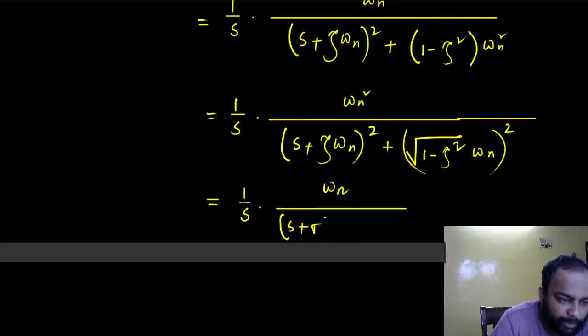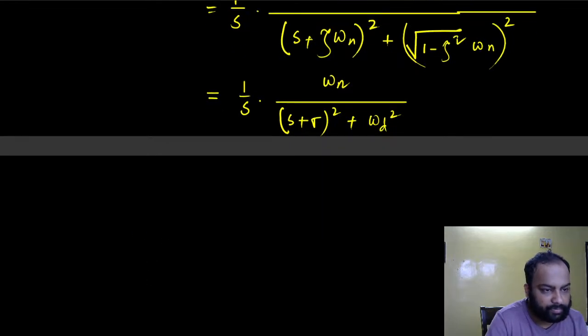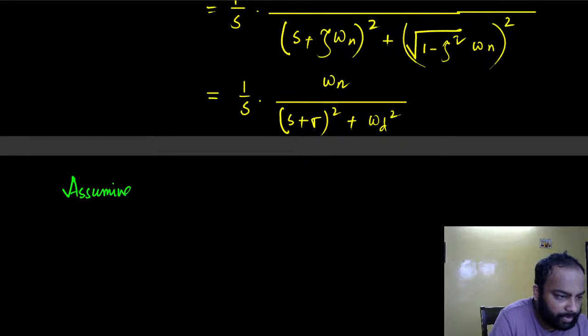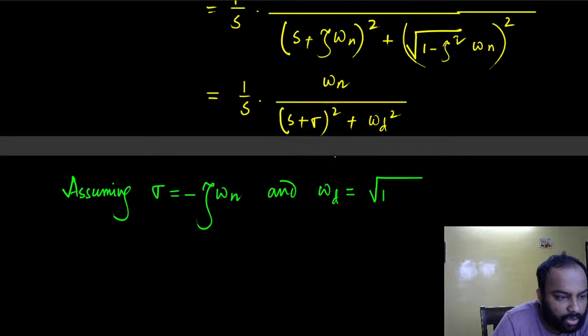So I'm writing s plus sigma whole square plus omega d square, where sigma is equal to zeta omega n and omega d is root over 1 minus zeta square times omega n, right?